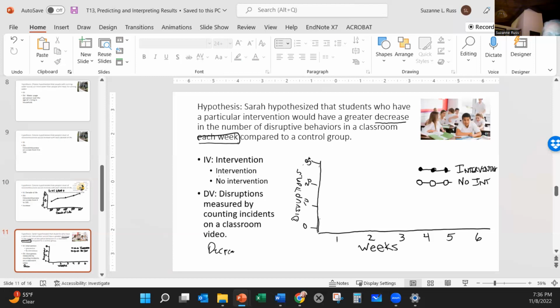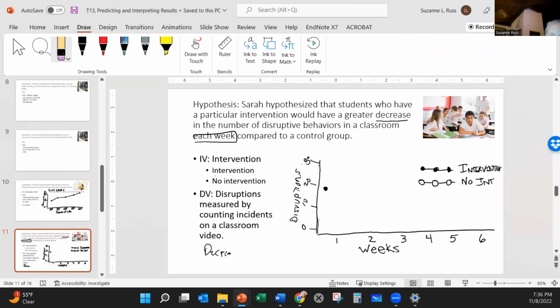Let's say that in both situations, the group started right around 20. So here's our first dot. I need to line that up with week 1. So I'm going to erase that dot and redo it. So let's say here is both groups starting at about the same level. In fact, maybe this group is up here.